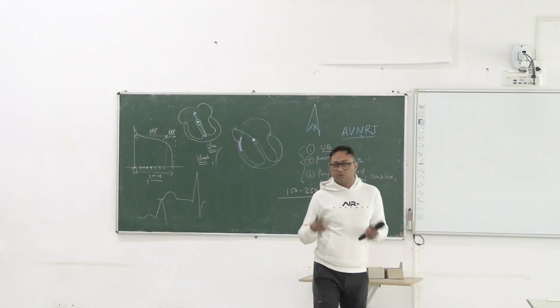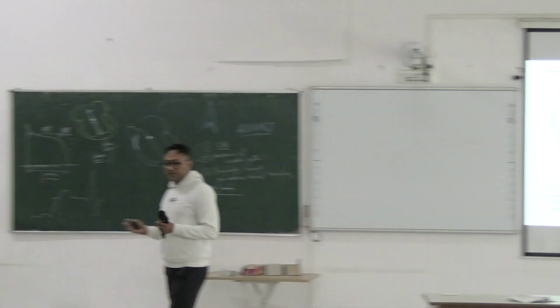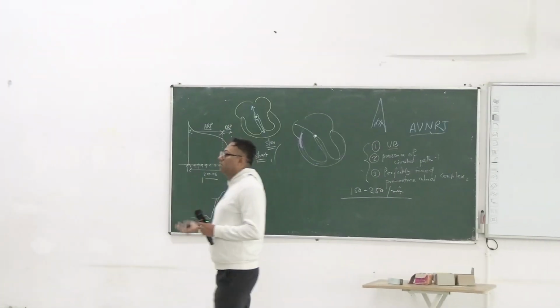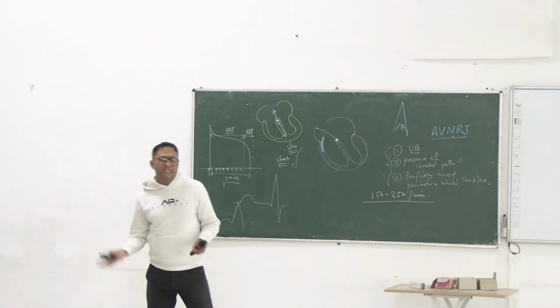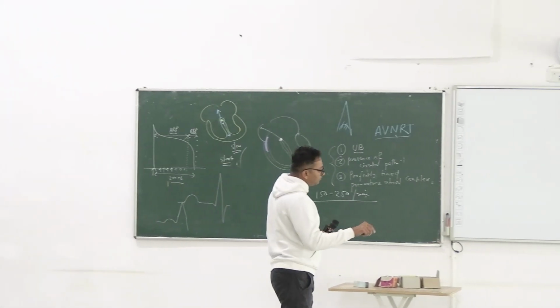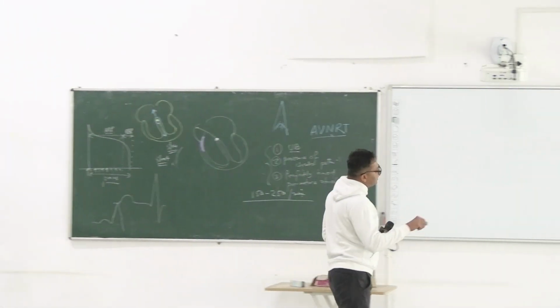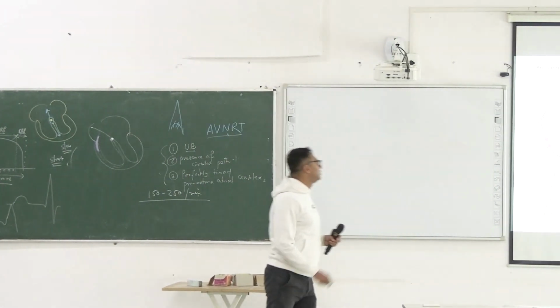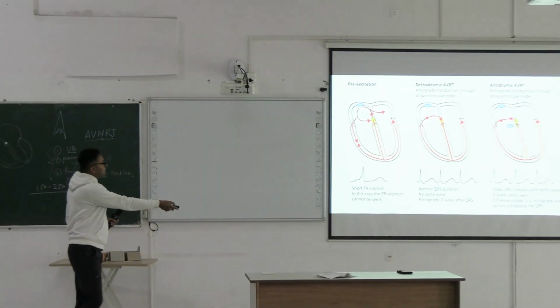Ventricle पहले से ही excite हो रहा है. Ventricle is being excited quite before than it is supposed to be, right? So, pre-excitation of the ventricle gives rise to this specific shape of QRS complex.